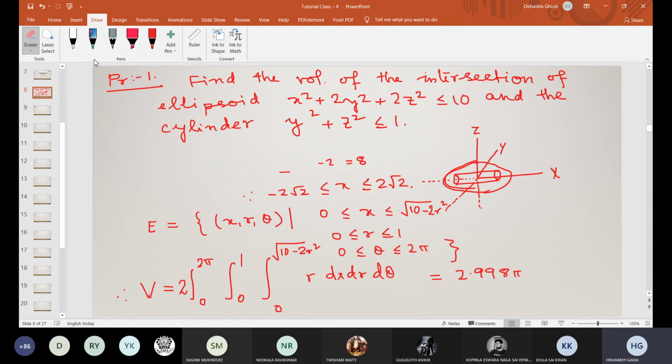We are considering x fixed, y equals r sin theta and z equals r cos theta, x is x. From there we get the range of x, r, theta in that form.